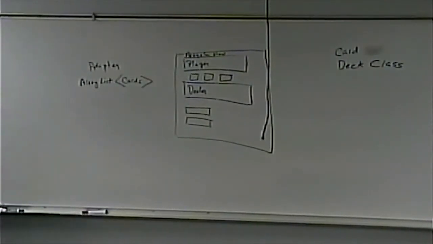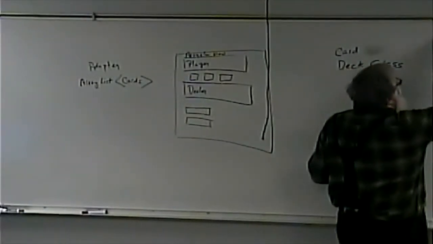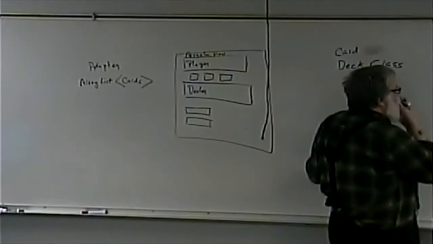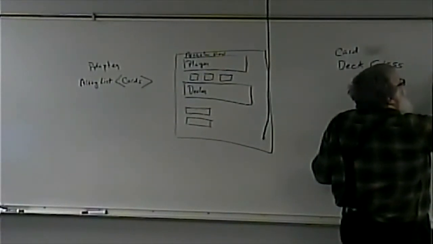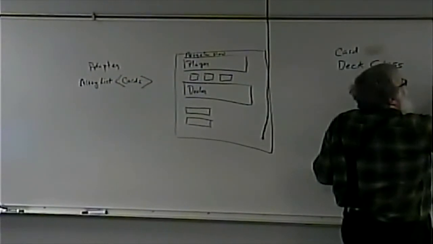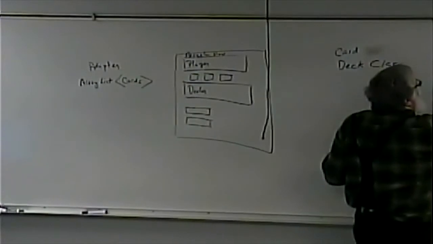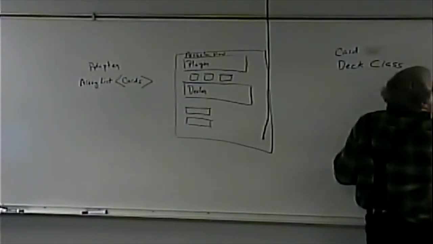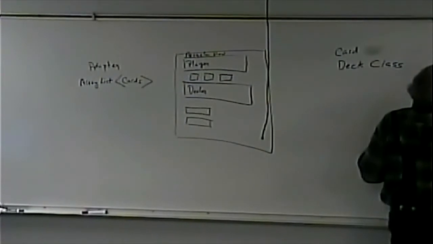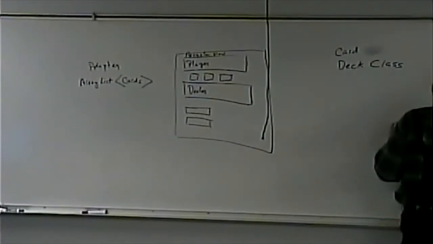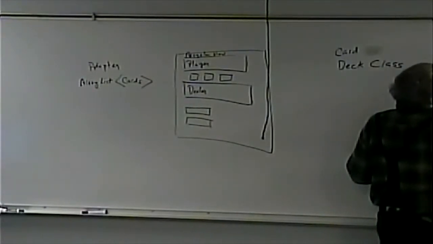So one thing that we're going to need is two array lists of cards. One for the player and one for the dealer.